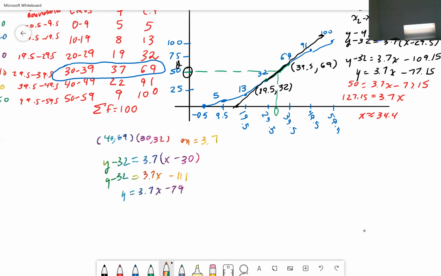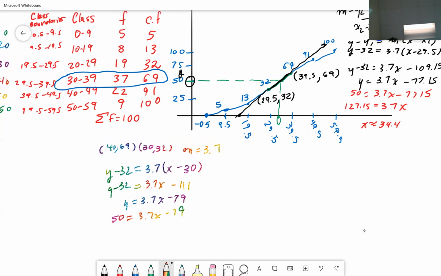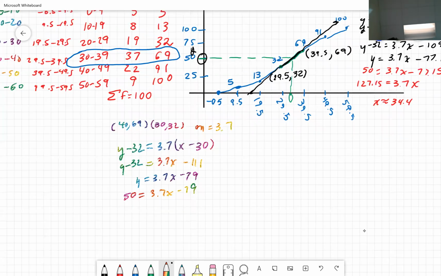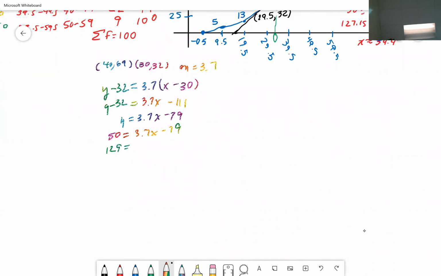Set the y equal to 50. And now we can solve for x. So 50 plus 79, you get 129 equals 3.7x, divided by 3.7.